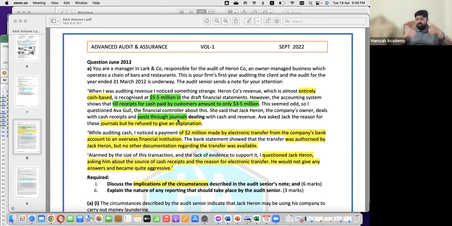And the same is being performed by the owner. Adds to the suspicion of money laundering.